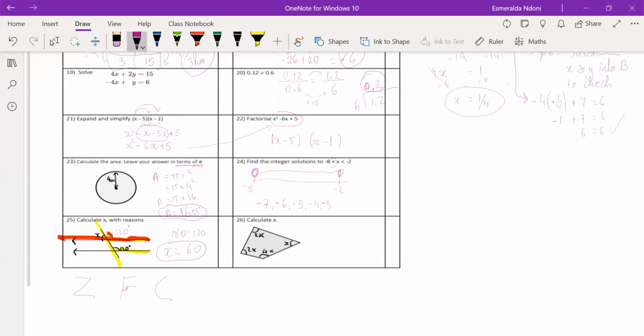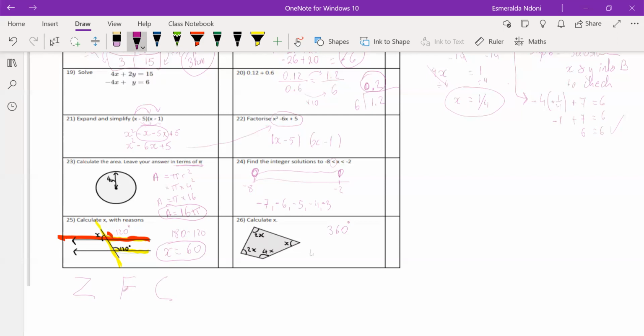Okay. Question 26. We have been given this shape. It's a four-sided shape. It's not a regular four-sided shape, but it's still four sides. And we know that the sum of angles in a four-sided shape, regardless of its name, is 360. So we know that we have 360 to work with. All of these angles need to add up to 360. So let's just do that. So we add them up.